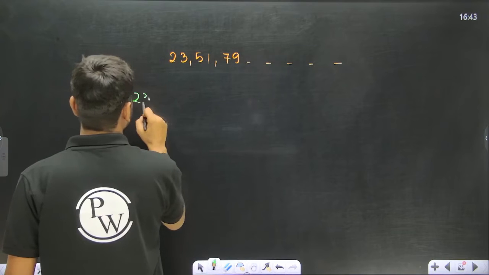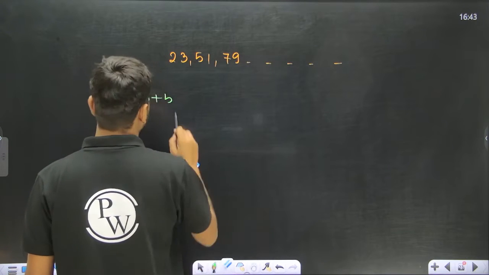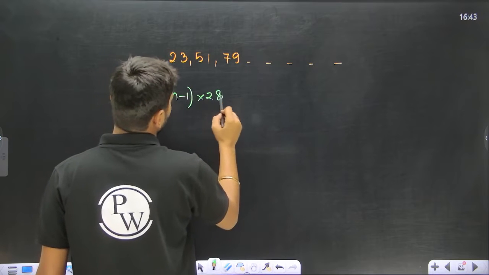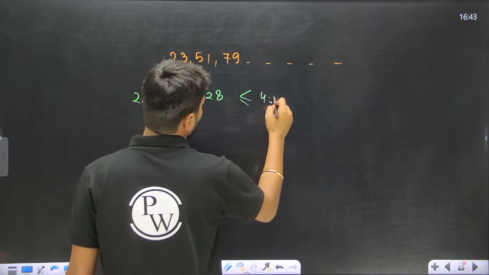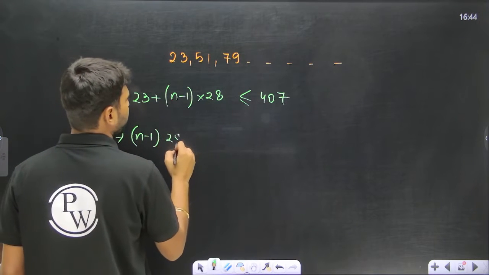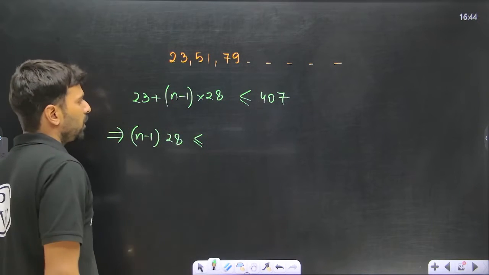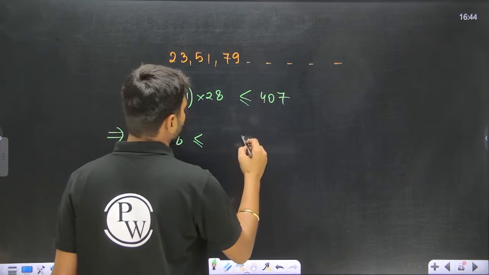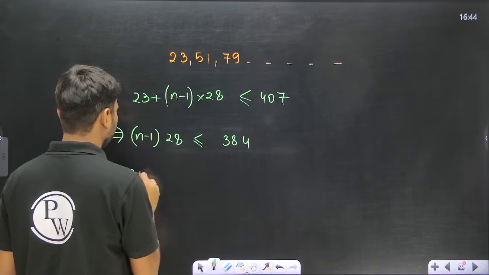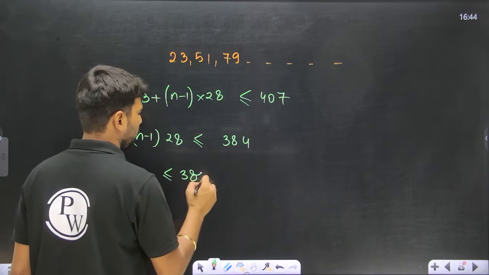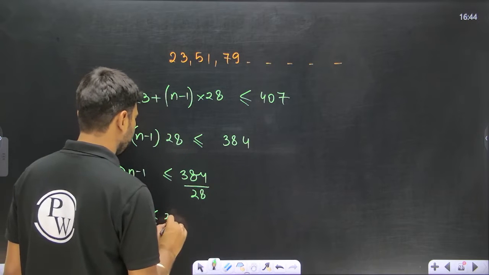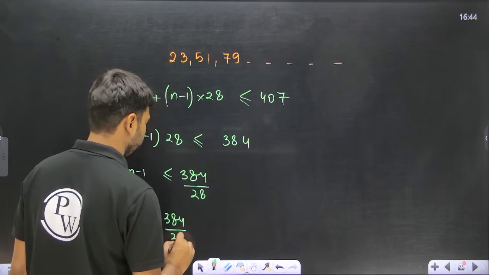So if you want to write down the nth term of this, we can write: a plus (n minus 1) into d should be less than or equal to 407. So if we solve this, (n minus 1) times 28 is less than or equal to 407 minus 23, that is 384. If we divide this by 28, we get n minus 1 less than or equal to 384 by 28.